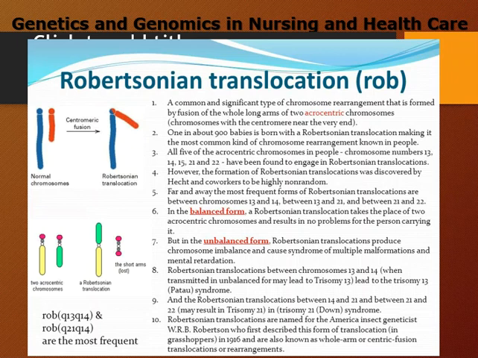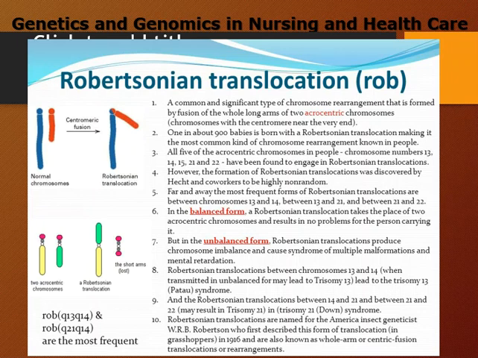So now I've touched a little bit on the first 6 here. About 1 in 900 babies is born with a Robertsonian translocation, which makes it the most common kind of chromosome rearrangement known in people. We've talked about which of the 5 chromosomes are acrocentric. So a lot of them are balanced. The fusion of two acrocentric chromosomes results in no problems for the person carrying it.